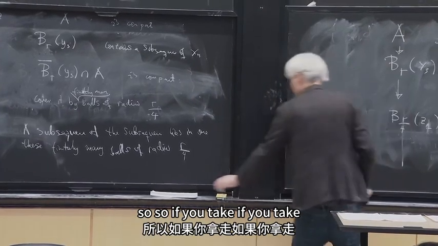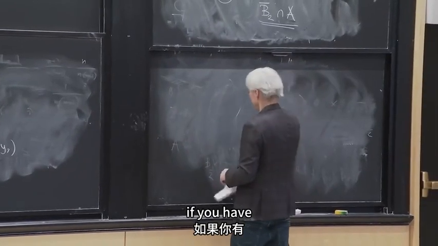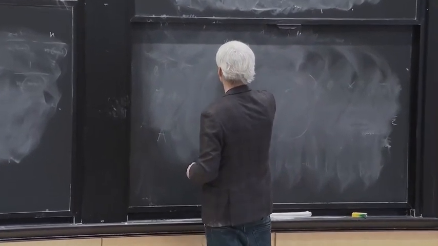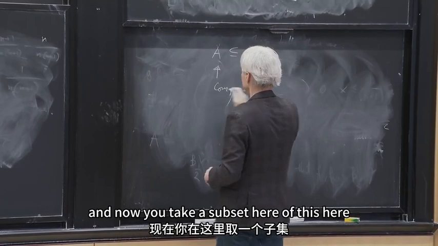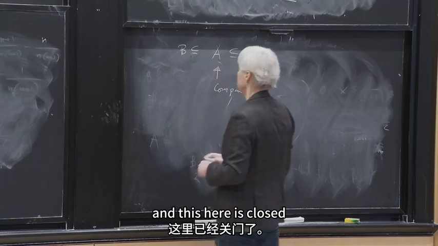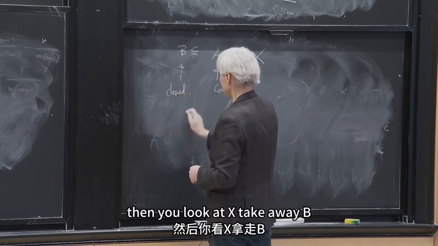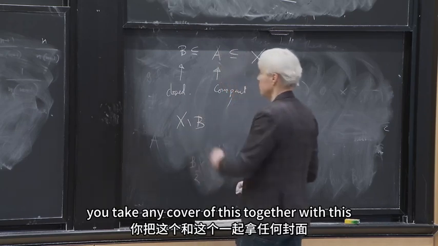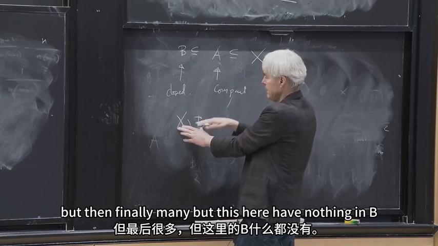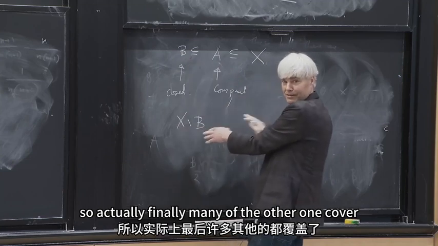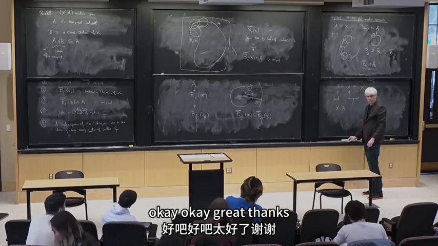If you have a metric space, this here is compact, and now you take a subset of this here, and this here is closed, a closed subset of X. Then you look at X, take away B. You take any cover of this; together with this, they cover A. But then finitely many cover A, and this here has nothing in B. So actually finitely many of the other ones cover B. Any other questions? Okay, great, thanks.